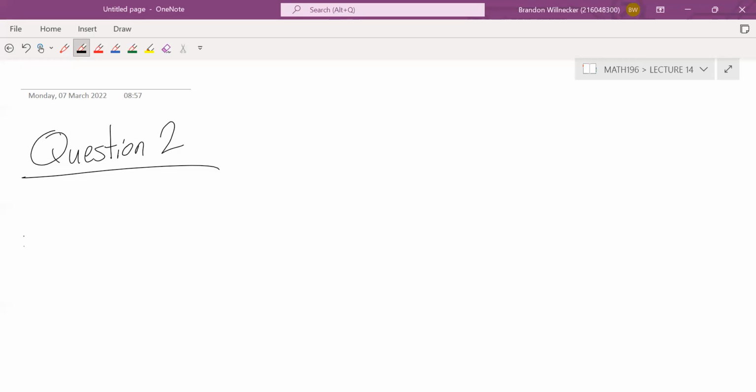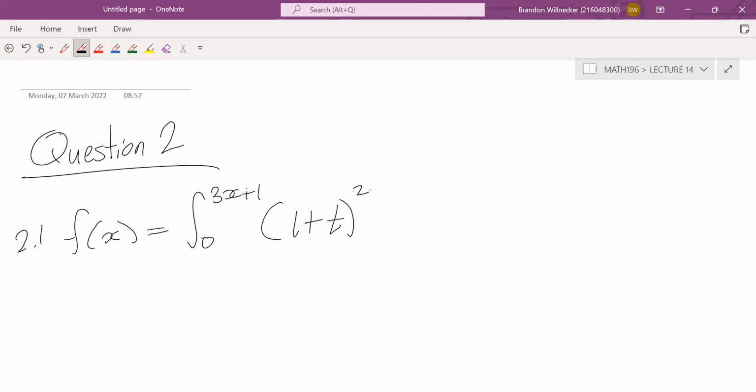Okay, so 2.1. We're given f of x is equal to the integral from 0 to 3x plus 1 of (1 plus t) all squared, dt. So we want to find f prime.